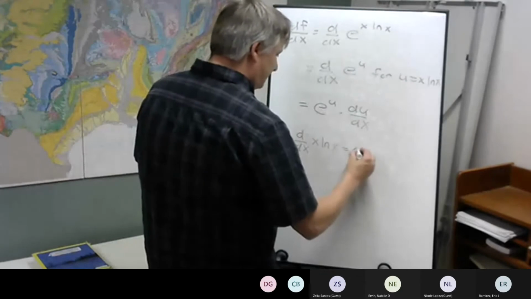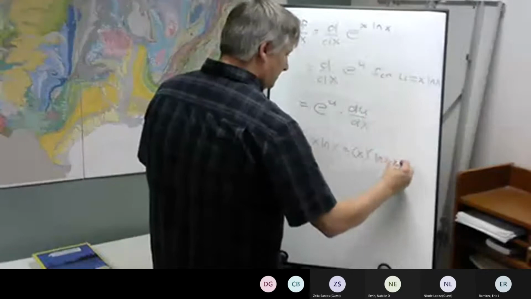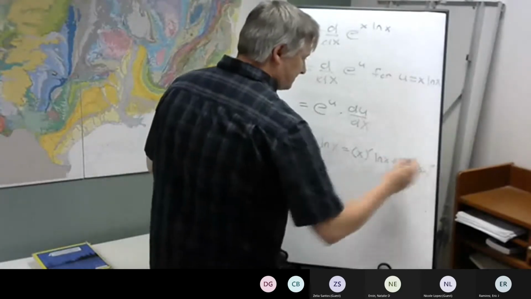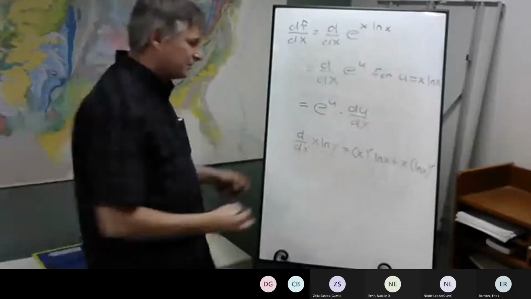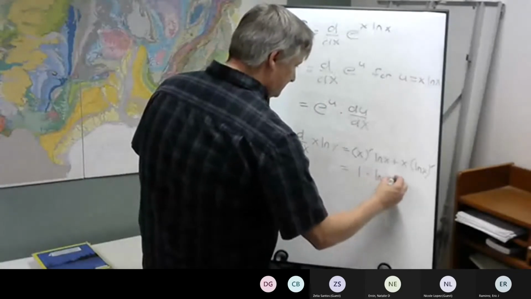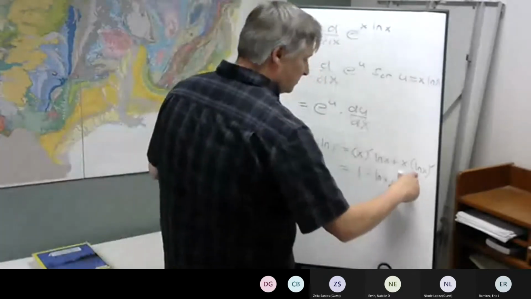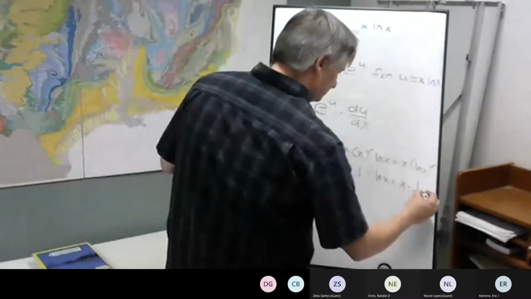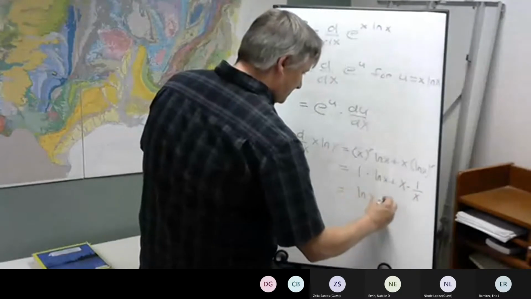So we get f prime of x times g of x plus f of x times g prime of x. That's going to be our product rule. So the derivative of x is 1 times ln of x plus x times, well, the derivative of natural log of x is 1 over x. So we get natural log of x plus 1.